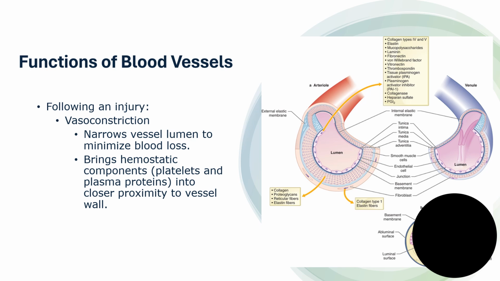The endothelial cells lining the vessels become activated, exposing underlying structures like collagen and von Willebrand factor, which helps attract platelets to the site. Then platelets adhere to those exposed areas, become activated, and aggregate to form that temporary platelet plug. Simultaneously, the coagulation cascade is triggered, leading to the formation of the fibrin clot that stabilizes the plug. This sequence of vascular responses helps control bleeding and sets the stage for tissue repair.